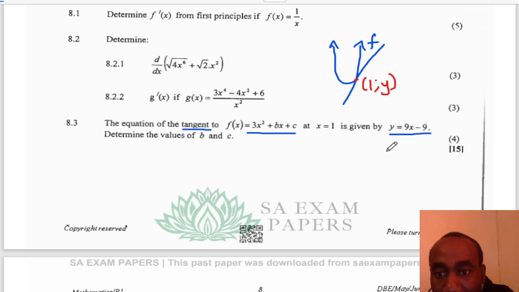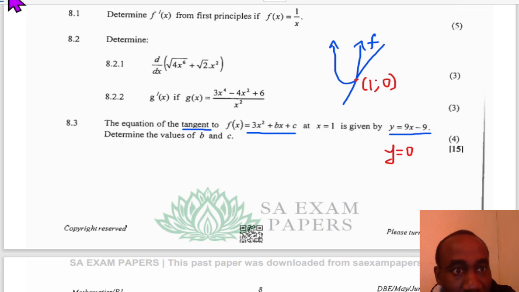So all we need to do is substitute 1 into this equation, and if we substitute 1 here, we end up with a y value of 0. So there we can change this y to 0. The coordinate of y at that point is 0.